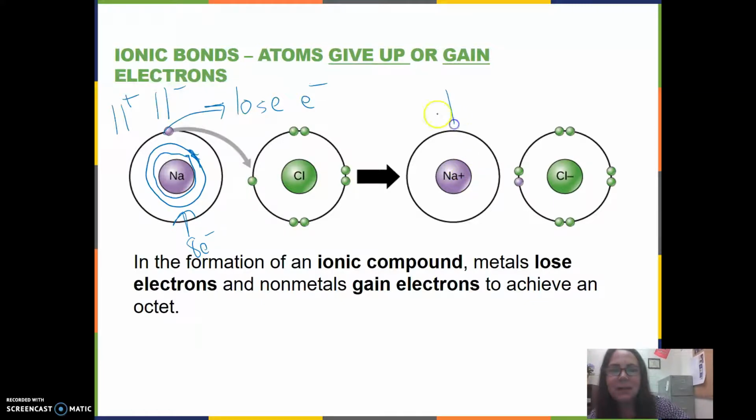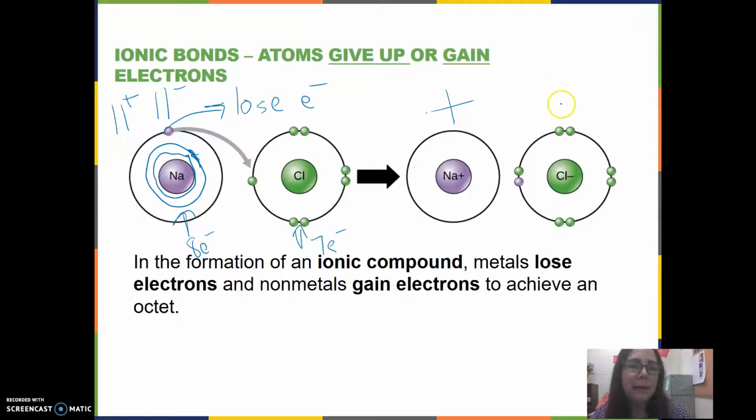So now that sodium has an extra positive charge because it lost an electron, that electron that is lost can be gained by something like a chloride ion if the chlorine atom is nearby, because chlorine has 7 valence electrons, and by gaining 1, chlorine will now be the chloride ion, and it will be stable. It will gain that 1 electron that was lost from sodium.